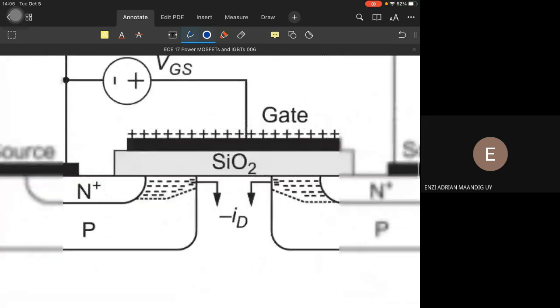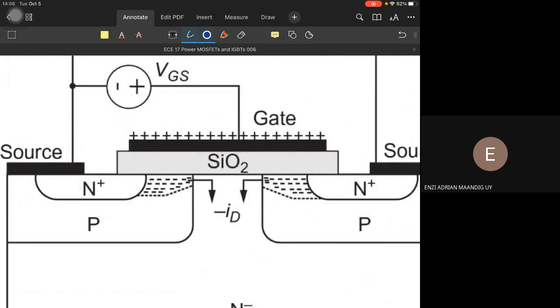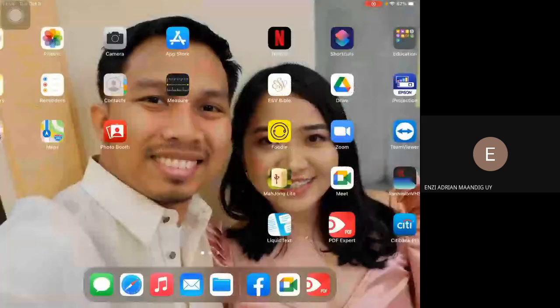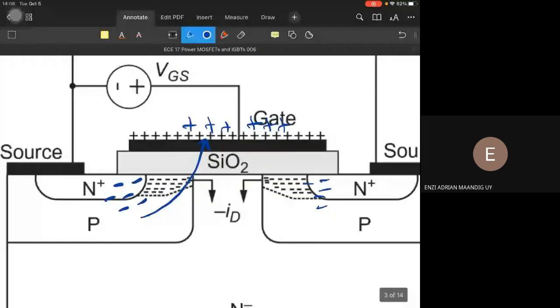So the electrons of the N-type are attracted by the gate. But because the silicon oxide is an insulator, the electrons, the majority carriers in the N-type semiconductor, cannot pass through.